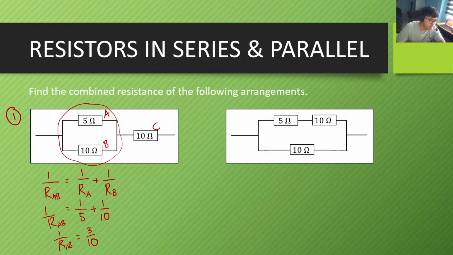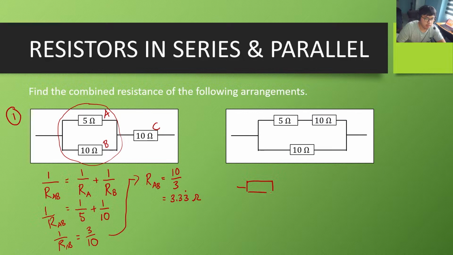Now you don't stop there. You then have to flip this around in order for you to just get the effective resistance of A and B, and that is equal to 10 over 3, which is basically equal to 3.33 recurring ohm. Okay, so now that you know the effective resistance of the two resistors in parallel, you can imagine this circuit as being like this.